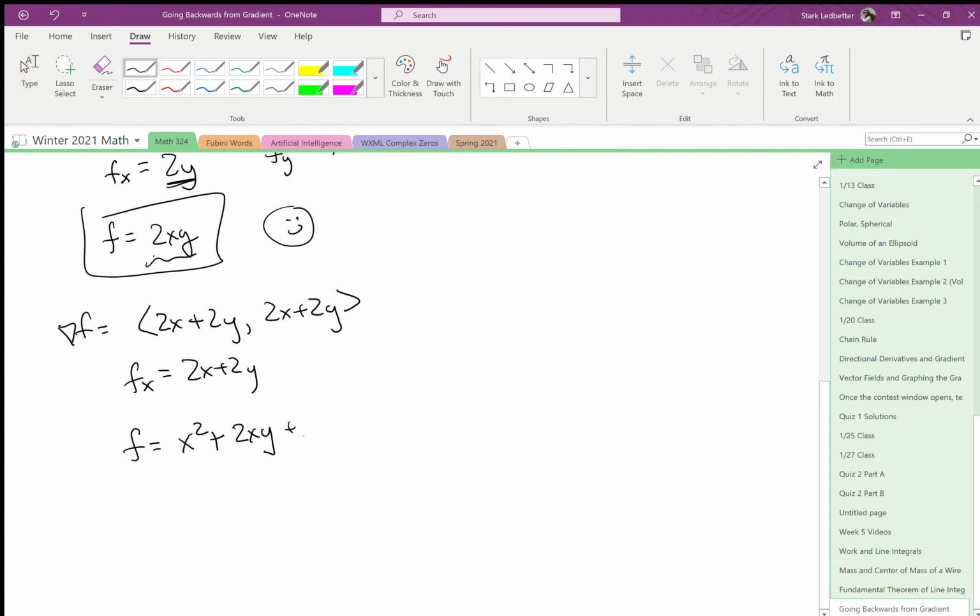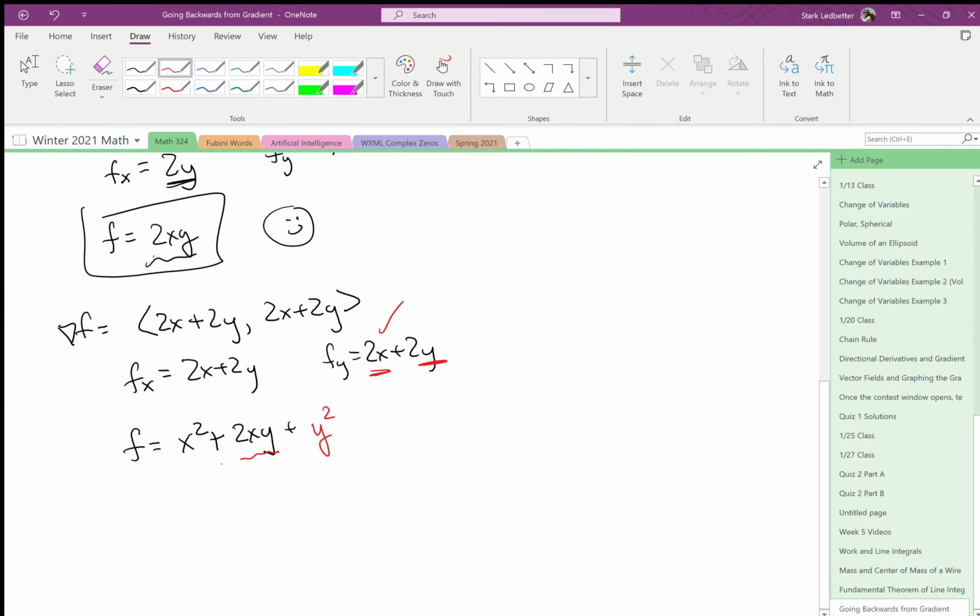And then if I start checking my fy, which also needs to be 2x plus 2y. Okay, so the first term doesn't depend on y, so it won't affect my fy. The second term, 2xy, if I take partial derivative with respect to y, I'm going to get 2x. So that part's actually taken care of. So I just need to create this 2y, and that's actually pretty easy. I'm just going to put a y squared here.